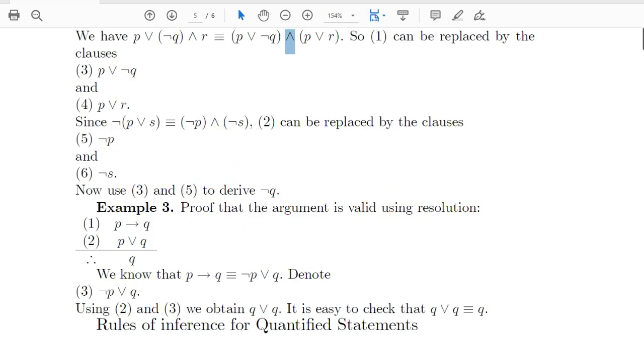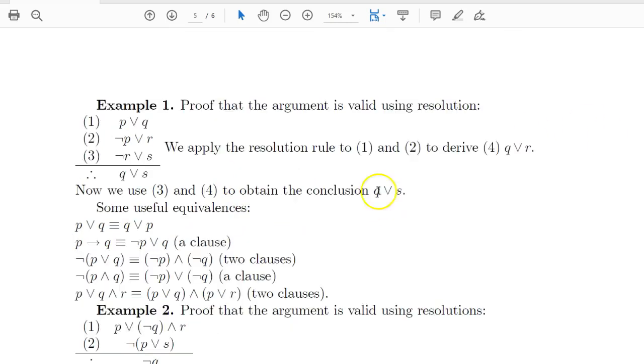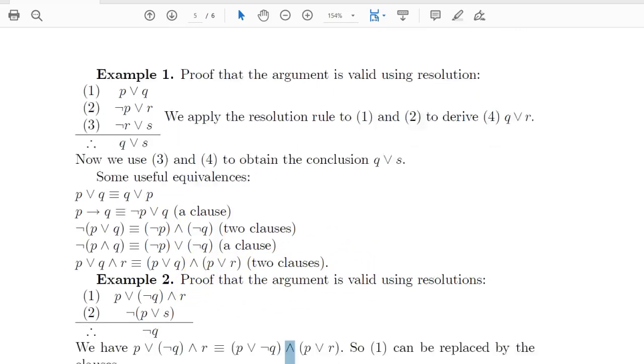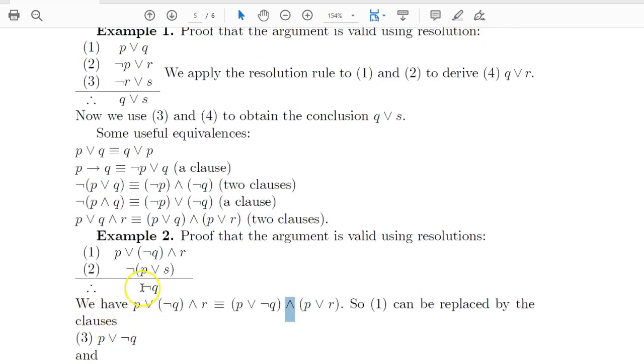So we derive not Q, and not Q is just what we want. This is the conclusion in example 2. So we're done.